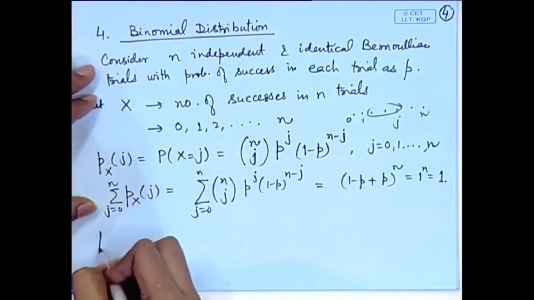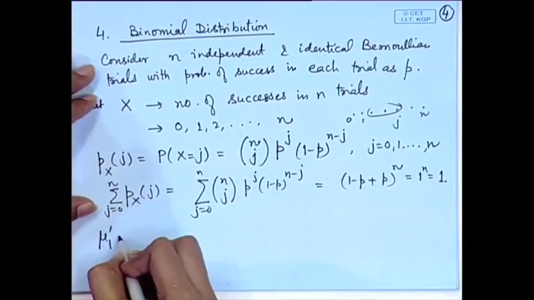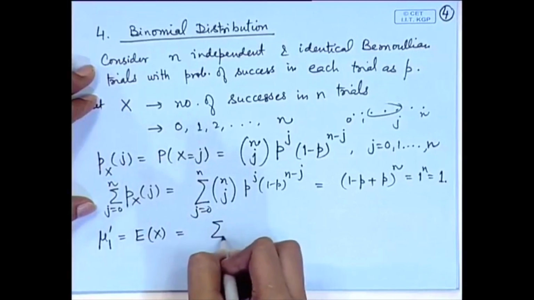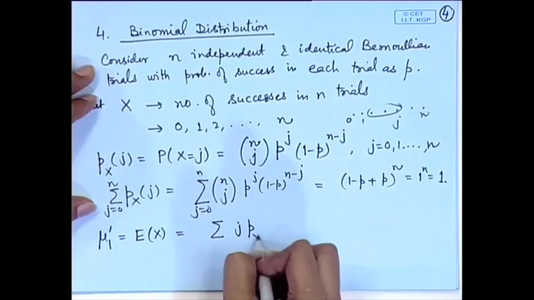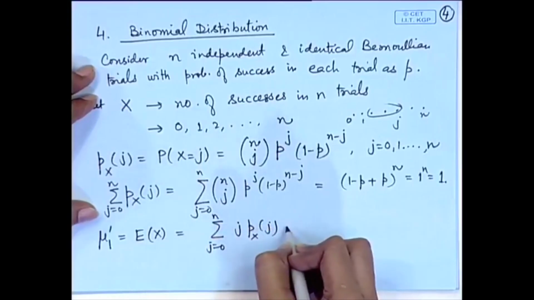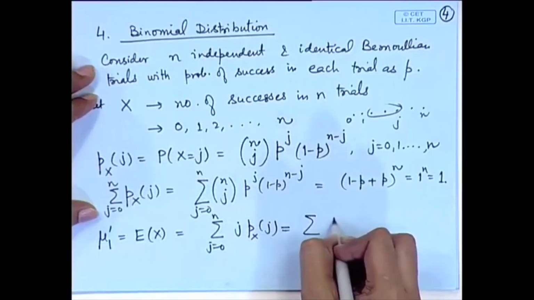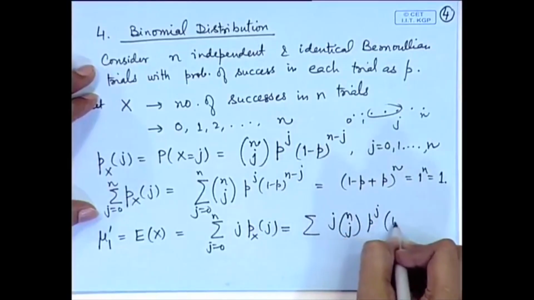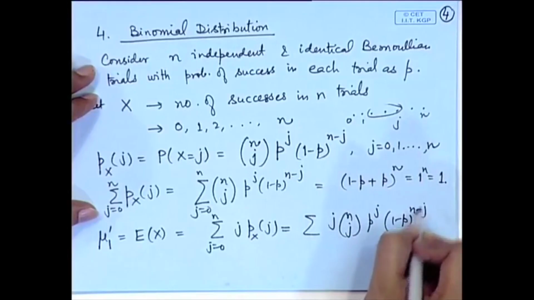For example, if we are calculating mu 1 prime, that is expectation of X, this is equal to sigma j p_X(j), j equal to 0 to n, that is equal to sigma j nCj p to the power j (1 minus p) to the power n minus j.